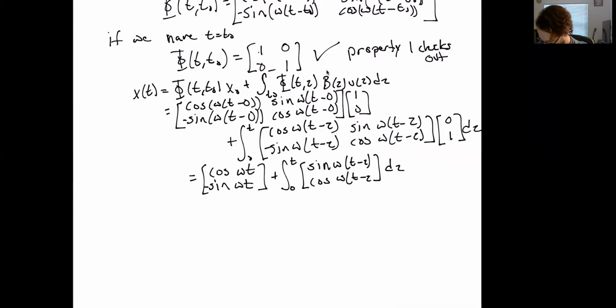All right, so now this will be equal to, again, the cosine omega t, minus sine omega t, plus, taking the integral of this, that'll give us 1 over omega times (1 minus the cosine omega t), and this is sine omega t.